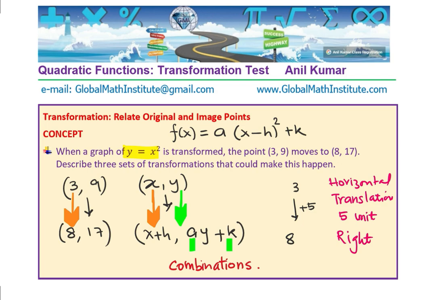So the question is really asking for 3 sets of transformations. All these sets will include this horizontal translation of 5 units right. But vertically, we could multiply by something and then move up or down. That is what you need to focus on. I hope this concept is absolutely clear.